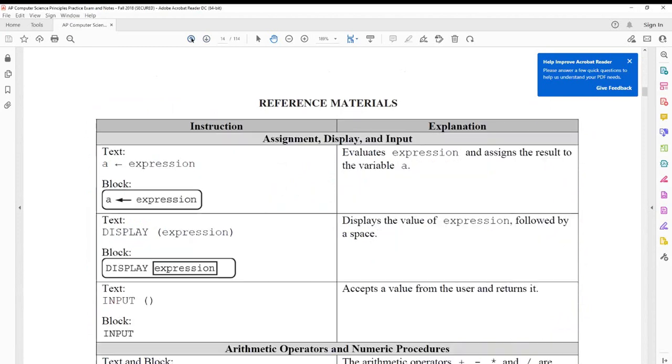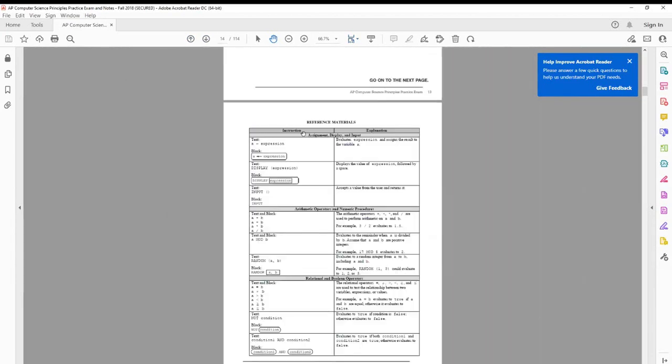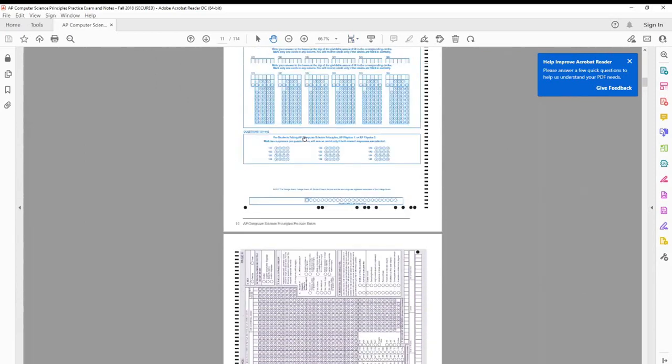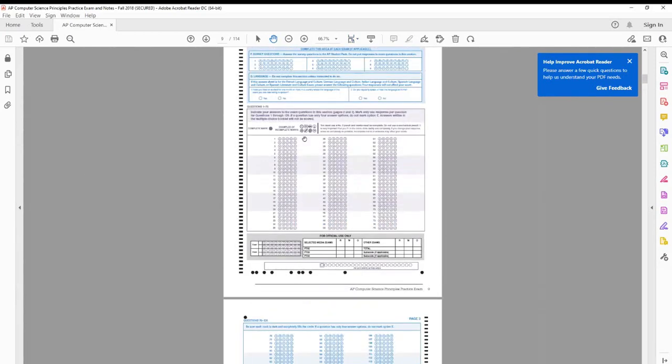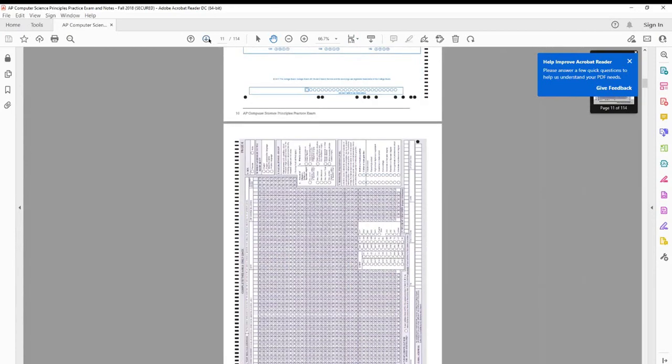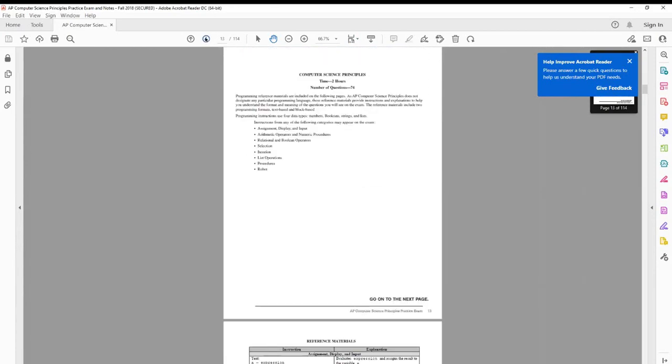For each exam, they will give you an answer sheet example, with the school and test center, which you need to fill in. That will always be there.